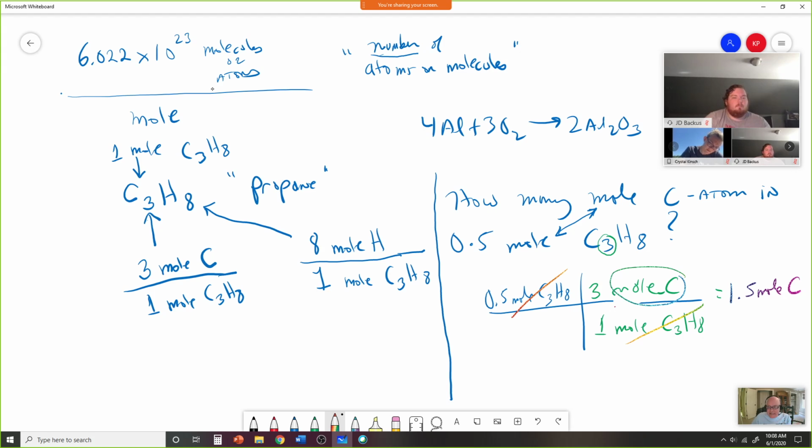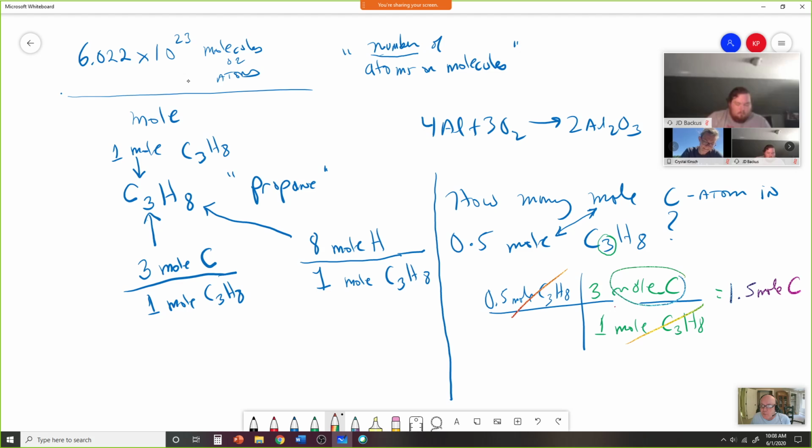Okay? Now, when we did this, what did we see? Let's try to understand the process of what just happened here. What happened here, I was asked how many of something was in something else. So the something is carbon atoms and the something else is propane.